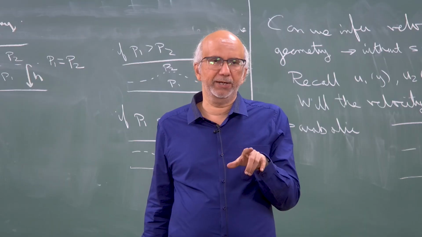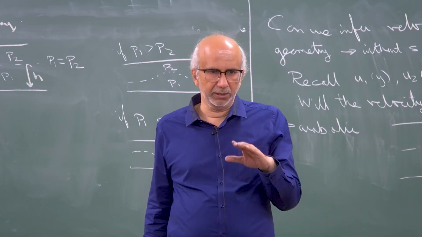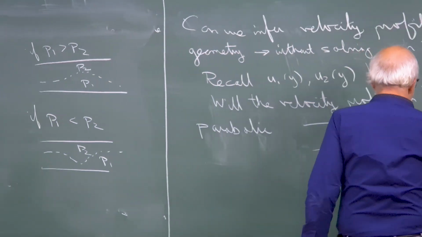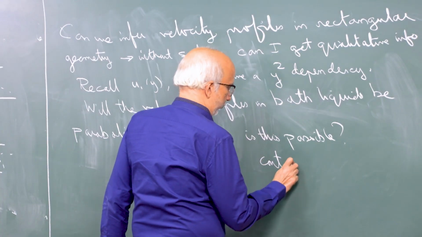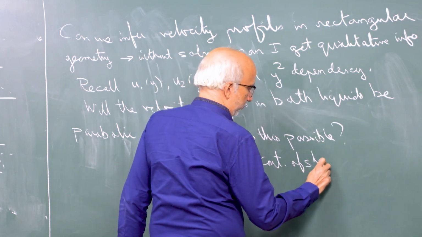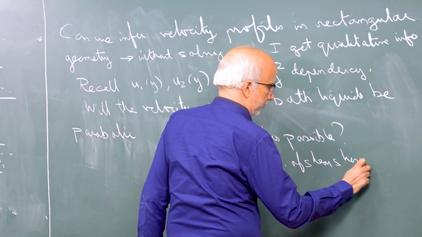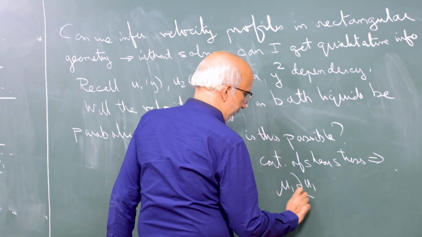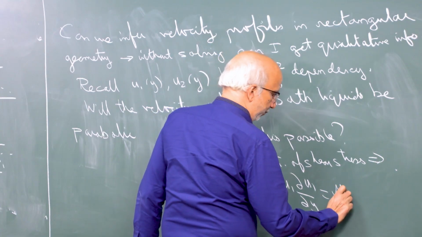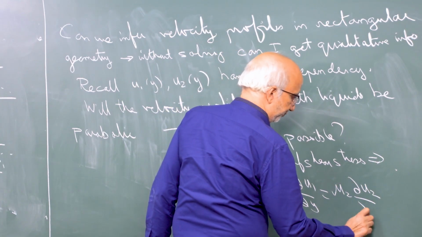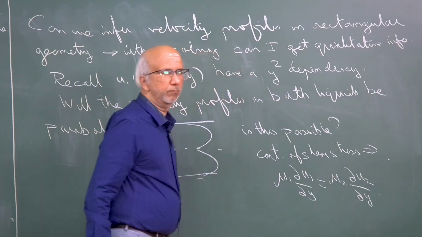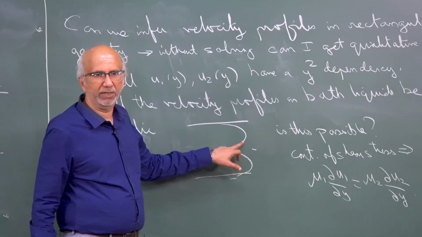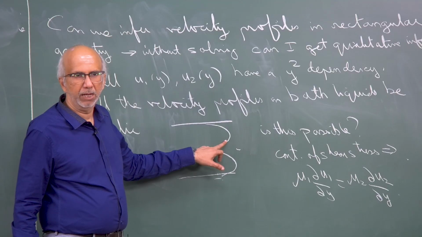One of the boundary conditions we have to satisfy, remember, is the continuity of shear stress, okay. What does it imply? Mu1 du1 by dy equals mu2 du2 by dy, okay. Now, what is the derivative of u1 with respect to y in the upper fluid here? It is positive.